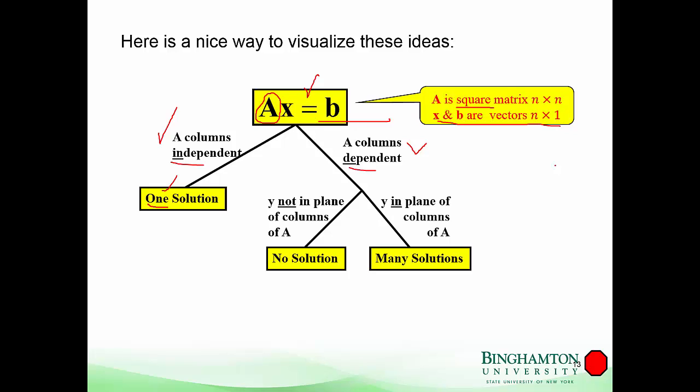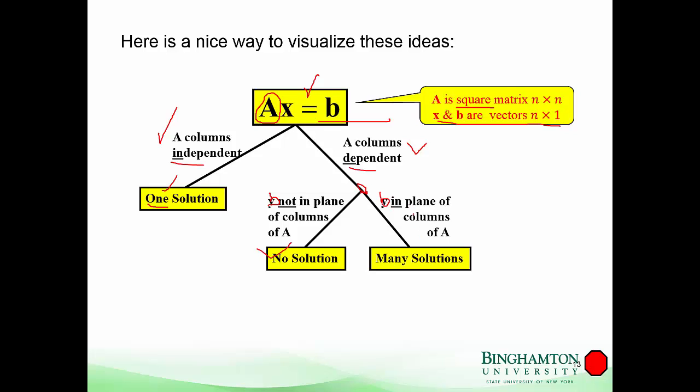Now we've got a decision after that. We get to this point and we have to ask, what about B? Ah, I said Y here. This should be B. I'll try to fix that in the notes before I post them. I borrowed these from some other notes that I had for another class. If B is not in the plane of the columns of A, then there's no solution.